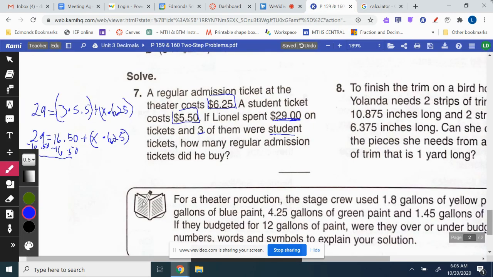So I have 12.50 equals some number times 6.25. So to figure that out, I'm going to divide both sides by 6.25. And I'm going to get how many tickets I got.